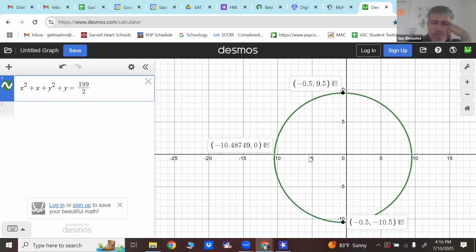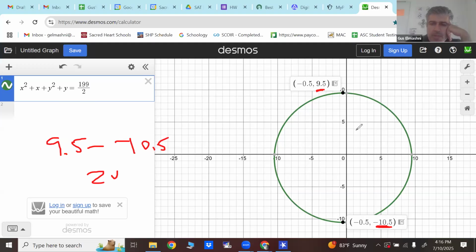You've got these two points here, 9.5 and negative 10.5. So I'm doing that to find the high and low points of the circle. So it means that the diameter is 20. Those are the highest and lowest points for y. You could also have done it for x, but I think it's easy to do it for y. So that's your diameter, so your radius is 10.